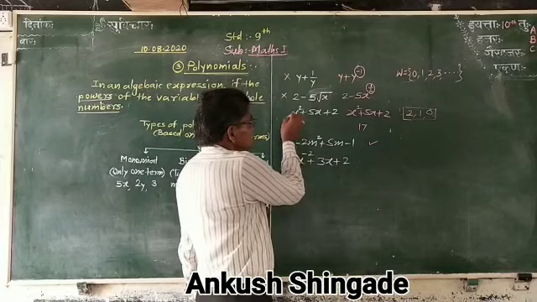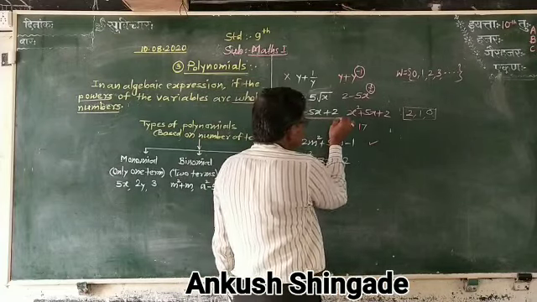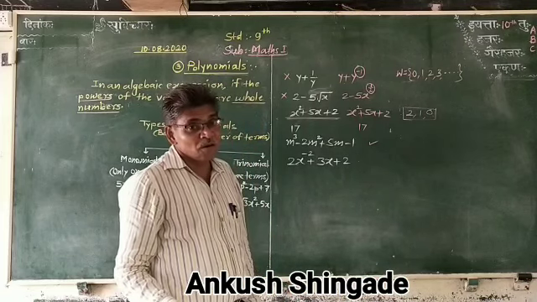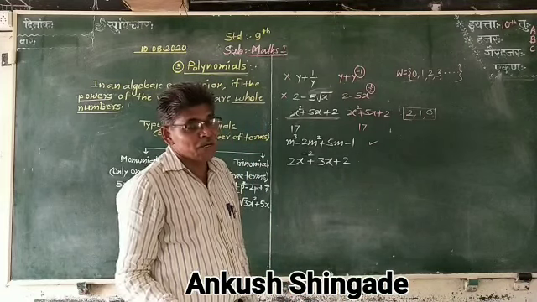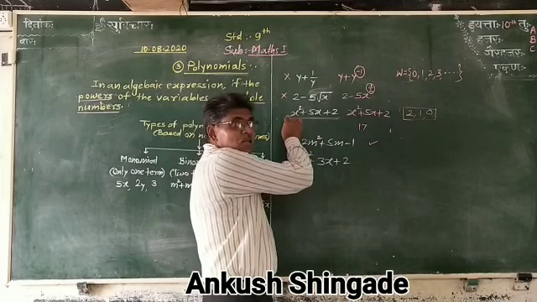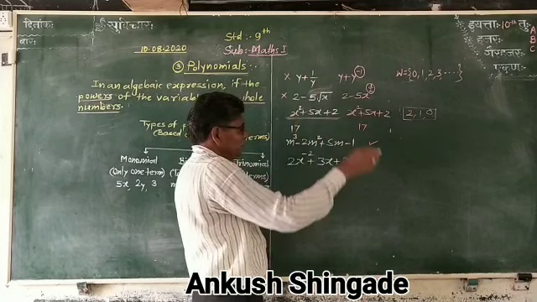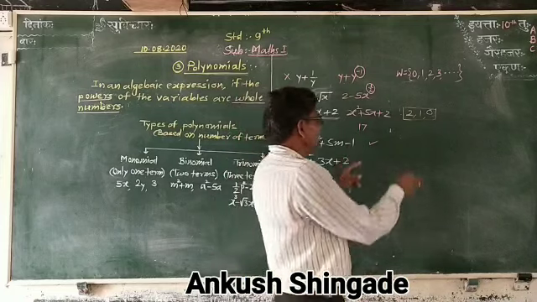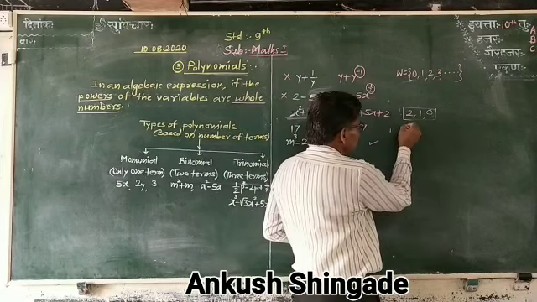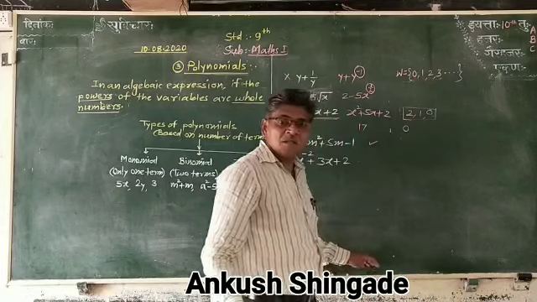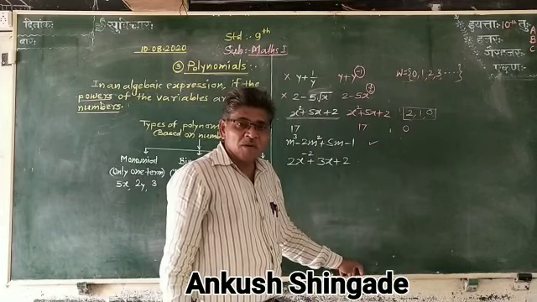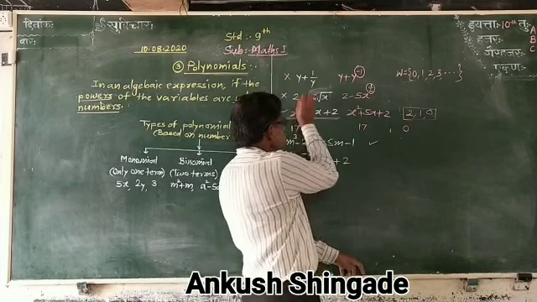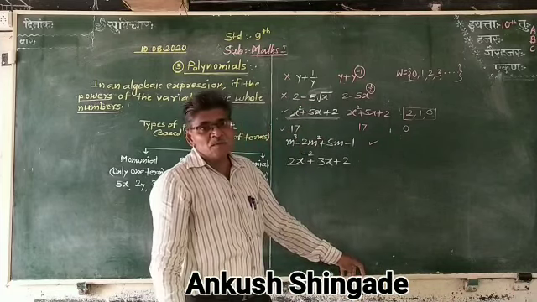Therefore, this expression is a polynomial according to the definition of polynomial. Then the power of 17 is 0, which is included in the set of whole numbers. That means 17 is also a polynomial.